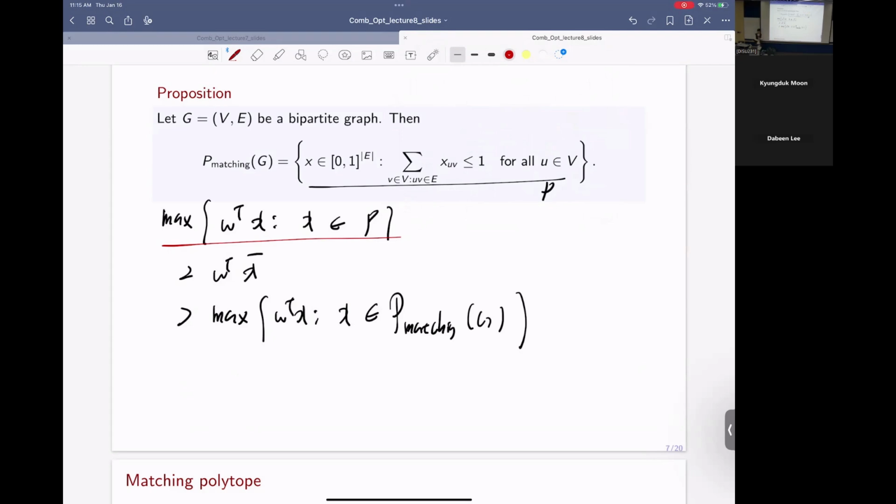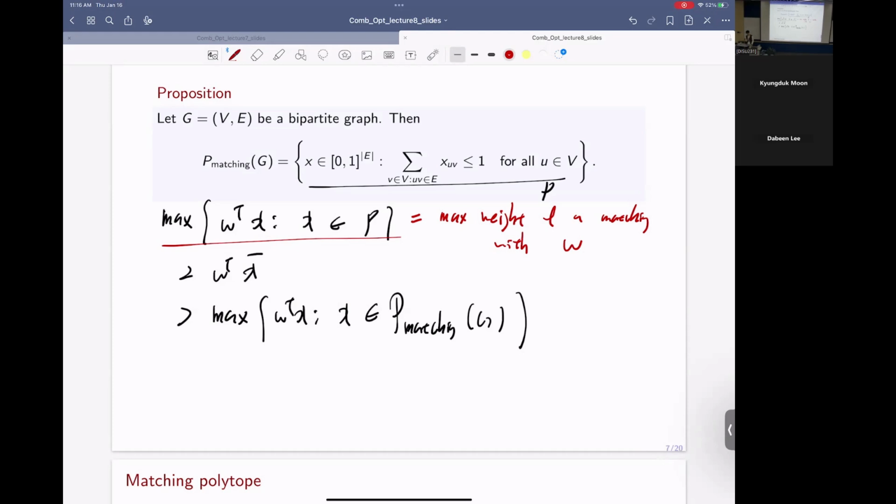And the value of the LP relaxation is equal to, as we proved in lecture 3 or 4, the maximum weight of a matching with weights given by this w.